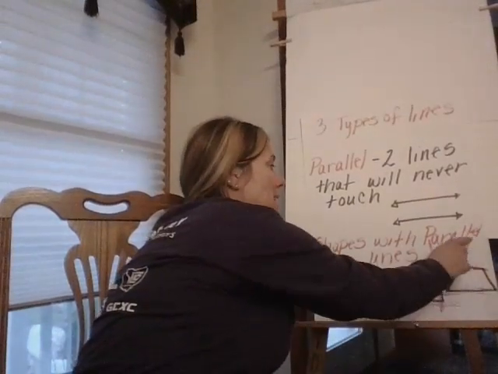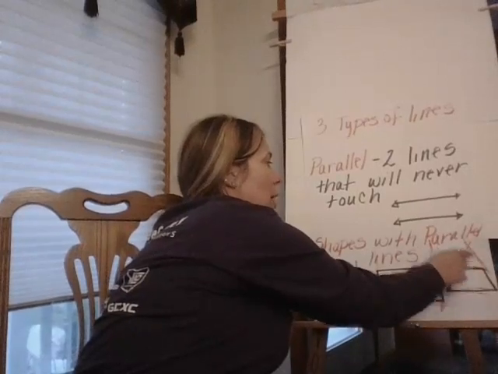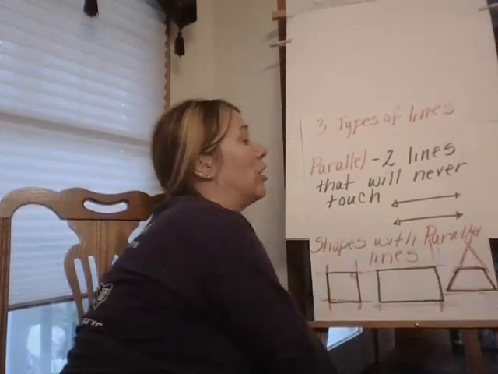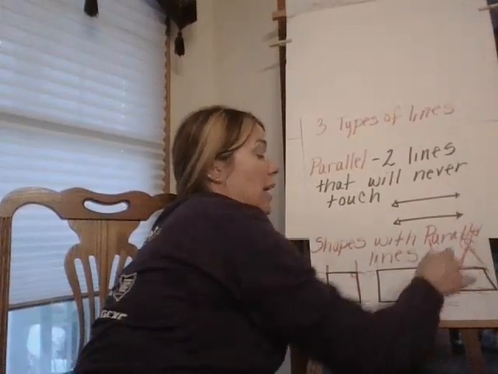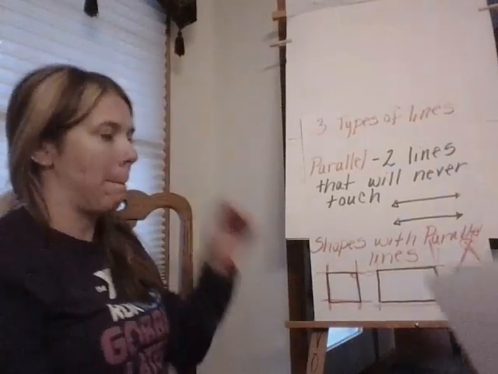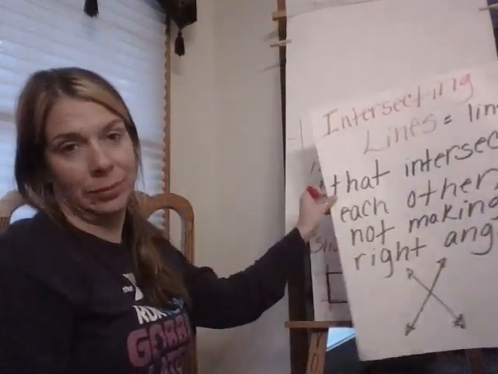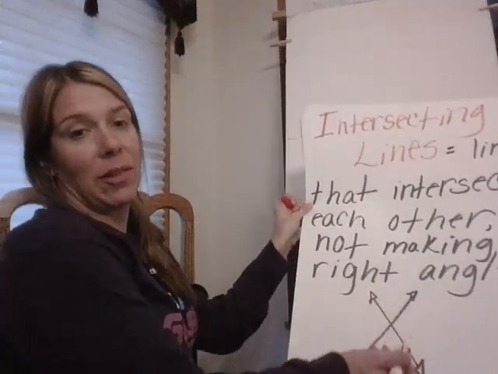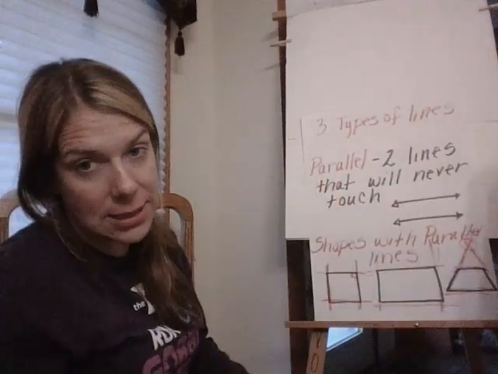If I extended this line and this line on my trapezoid, they end up intersecting, right at that point. It makes an intersecting line right there, the top of the volcano. We'll talk a little more about that in a second.